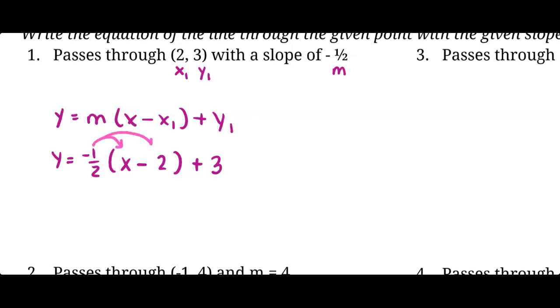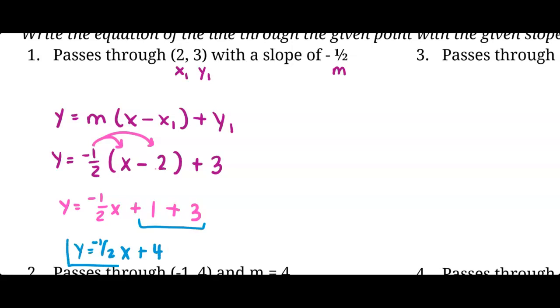So we distribute our negative 1/2 in, which gives us negative 1/2 x. Negative 1/2 times negative 2 is positive 1 plus 3. And then we combine our like terms to give us that y is equal to negative 1/2 x plus 4. And that is your final answer.